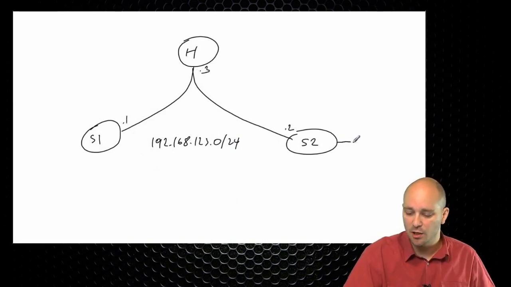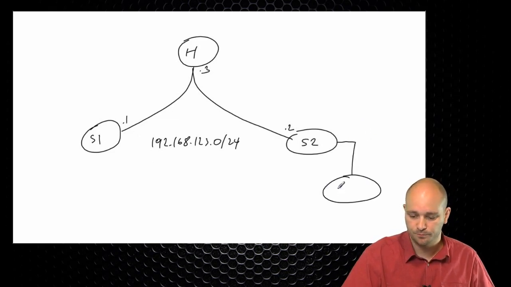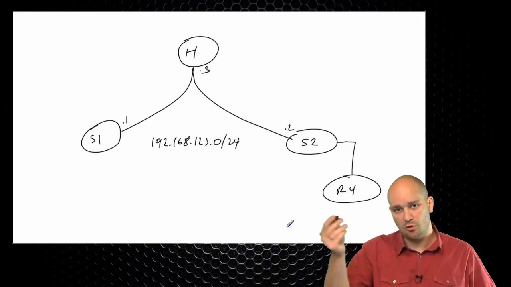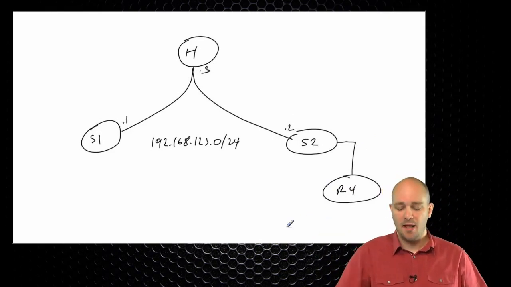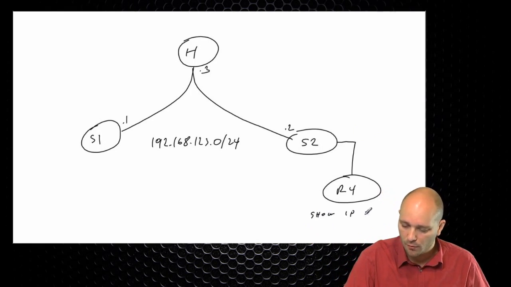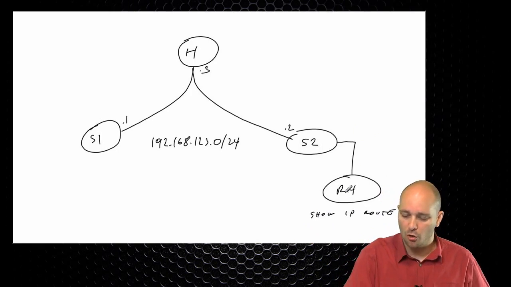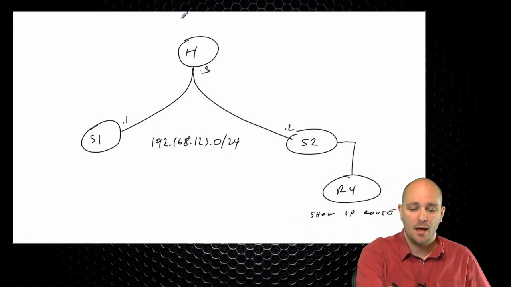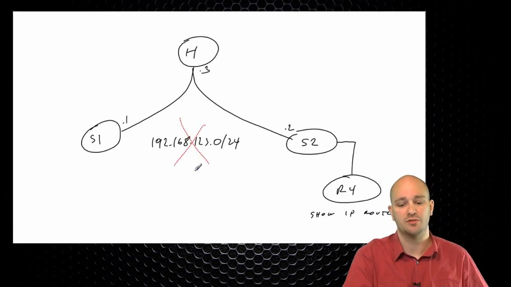Now let's say here that we have another router, R4, that is connected on an unrelated subnet. So if I do show ip route on R4 here, I am not going to see this network in the routing table on this router.